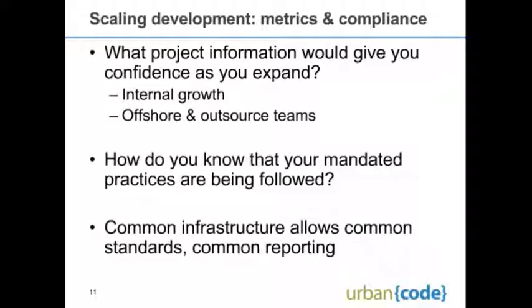I said, sure. And as we're doing our exploration, and as we start working with the teams, 4 teams out of 40 had any unit tests at all. And that was really a surprise for the enterprise architects, who were pretty sure that their mandated practices were being followed. So even just is it happening at all is a key thing.